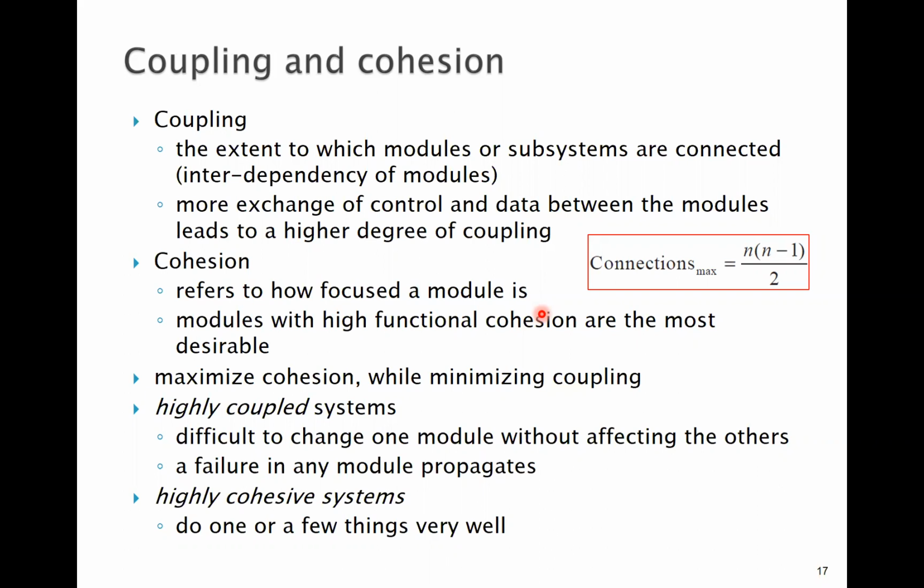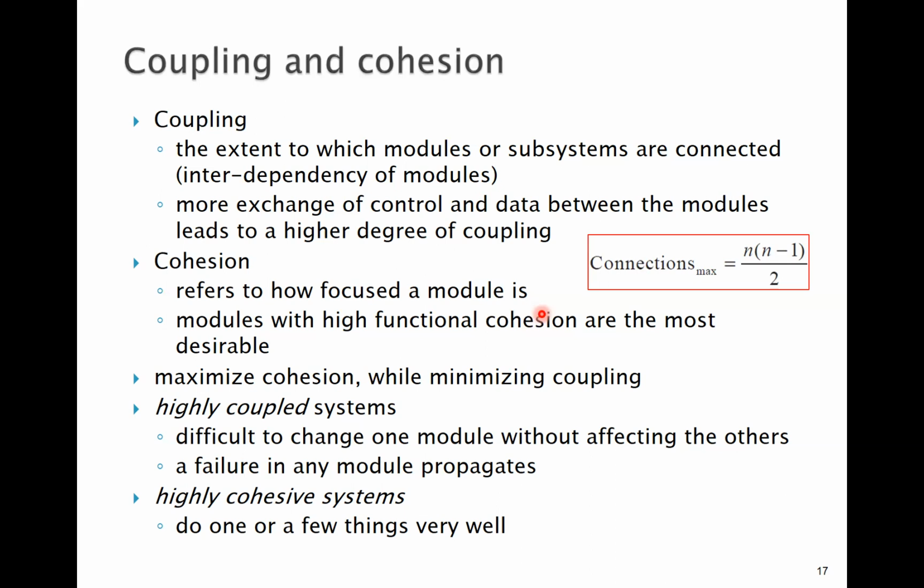In order to see the number of connections, we can consider the number of modules as n. Then the maximum number of connections will be n times n minus 1 divided by 2. So if we have 2 modules, it's going to be 1 connection. If there are 3 modules, then 3 times 2 divided by 2, so we have 3 connections.